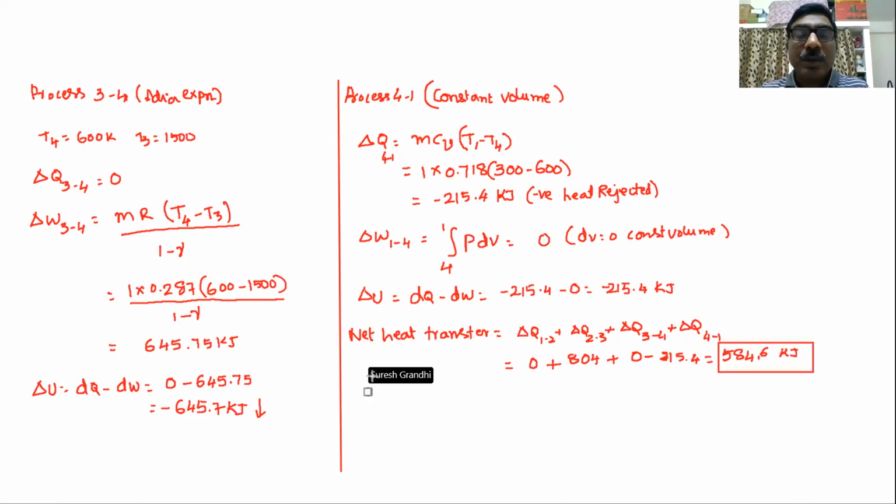Okay. Similarly, now the net work transfer. We have to add all the works done algebraically.